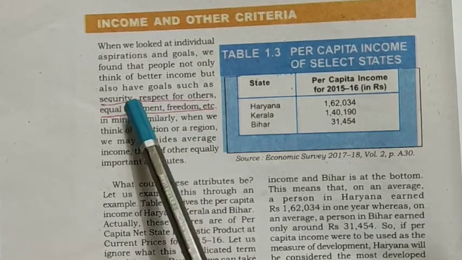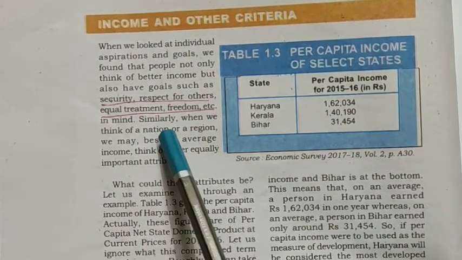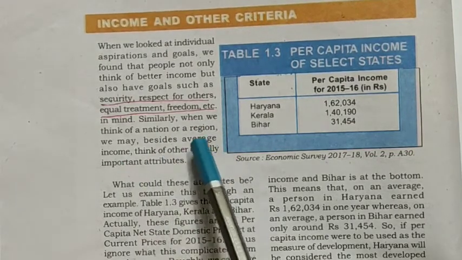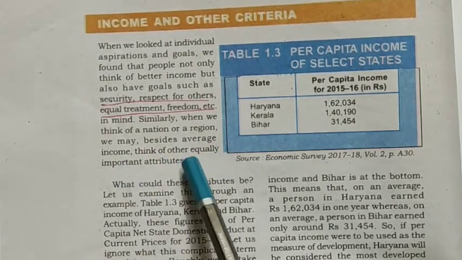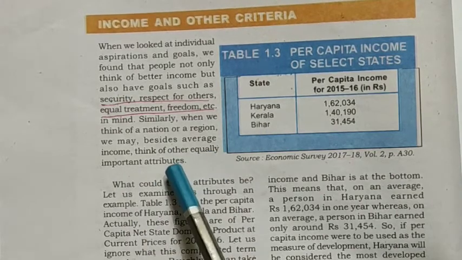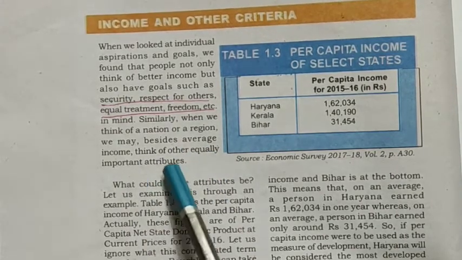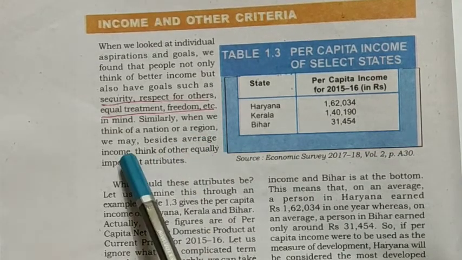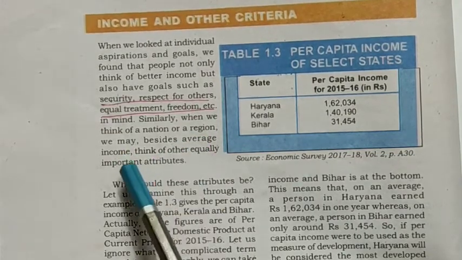Similarly, when we think of a nation or a region, we may, besides average income, think of other equally important attributes. Even in this topic, we will learn that besides average income, there are some other important attributes.